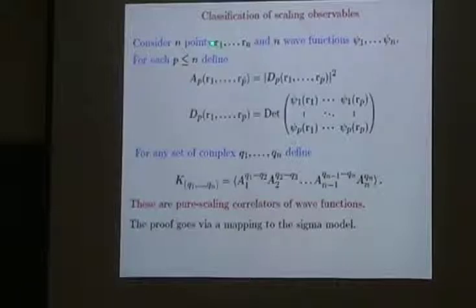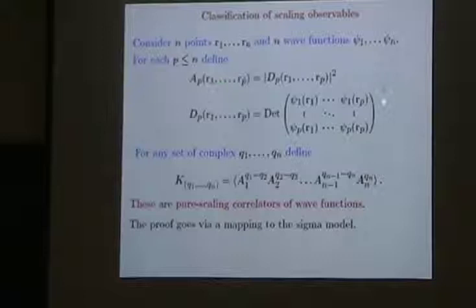So first of all, classification of scaling observables. Consider n points, R1, R2, ..., Rn, and n wave functions, psi 1, say. For each t smaller than n, define the following objects.